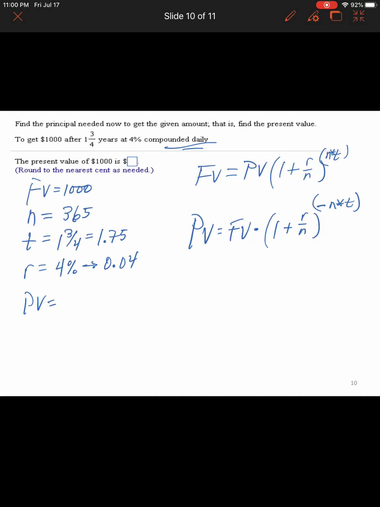And that'll give you your present value. So practice putting it into your calculator. Just make sure you have your parentheses.